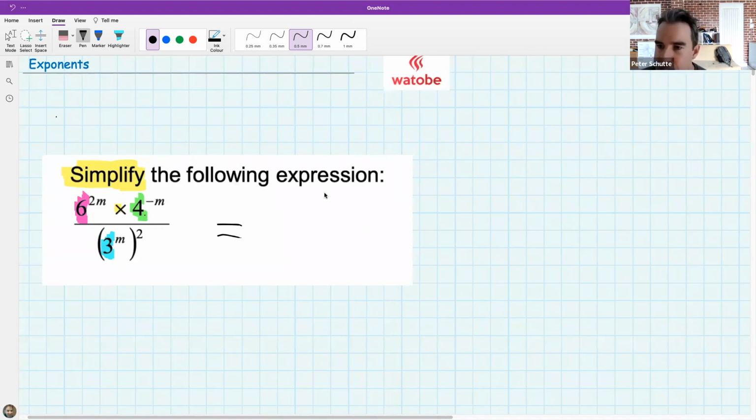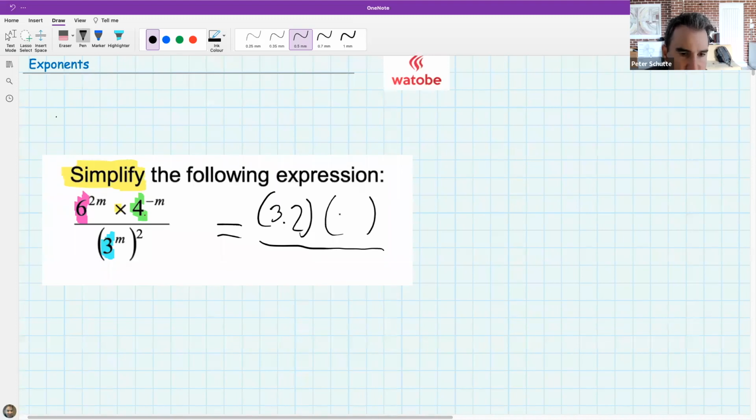Amanda, yes, we can break it down. So I'm going to suggest I put brackets in all the places where I want to break things down. For the 6, I'm going to write that as 3 times 2. And the 4, I'm going to write as 2 times 2 or 2 squared.